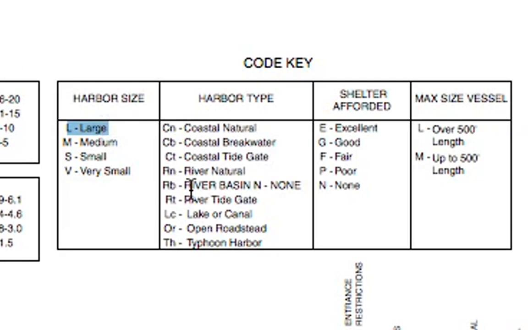Now we go over to harbor type, and our harbor type in Lagos was RN. Now if we go through and look at the code, you see RN indicates river natural. So it's a natural river. And then finally, for shelter afforded, we had a G code associated with Lagos. And we can see here, shelter afforded, G is good.